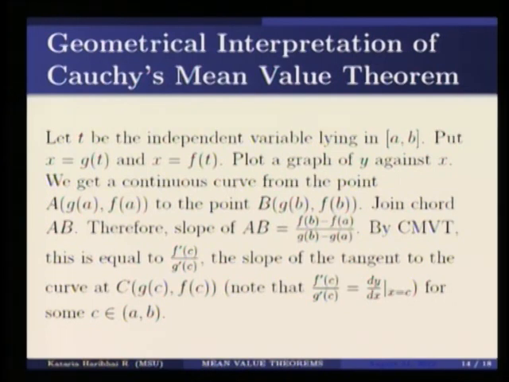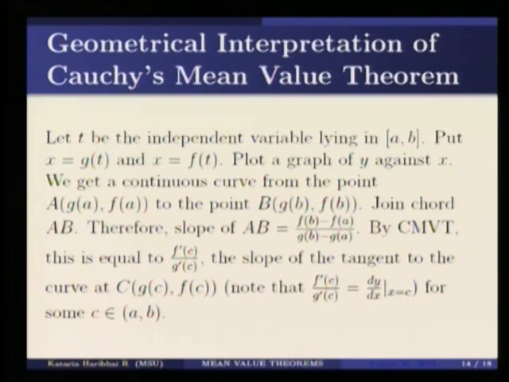Geometrical meaning of the Cauchy's mean value theorem. Here we may begin with the independent variable t on the closed interval [a, b], and we will put x is g(t) and y is f(t), and if we plot the graph of y against x, we get the continuous curve from point (g(a), f(a)) to point (g(b), f(b)), and we join the chord AB.